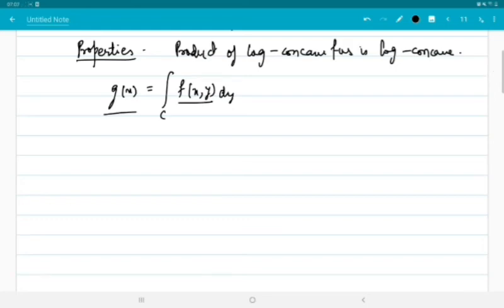Consequences of this integration property are that if the joint distribution is log concave, then the marginal over one of the variables will also be log concave.